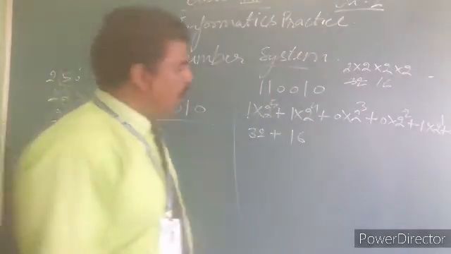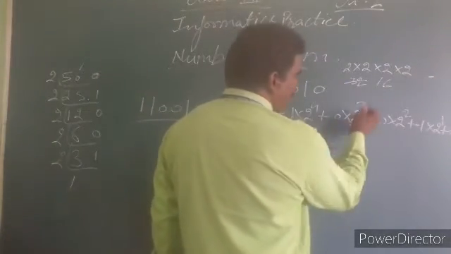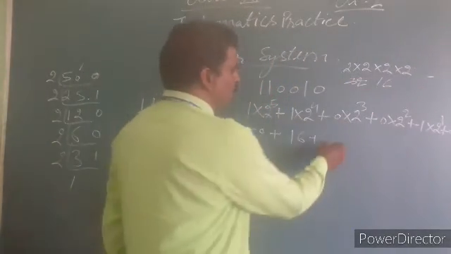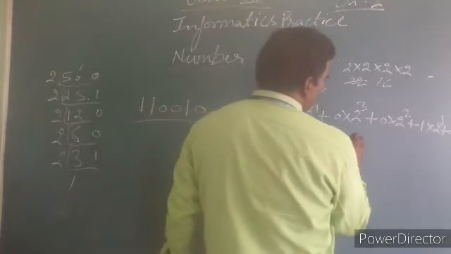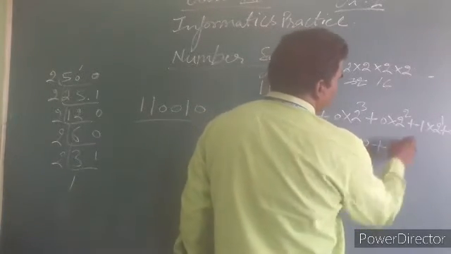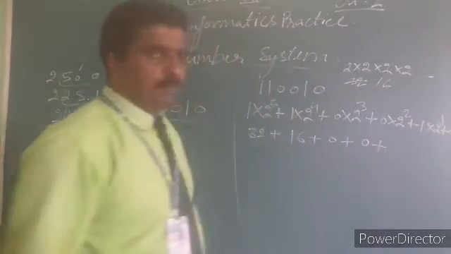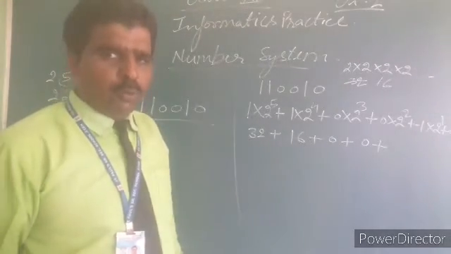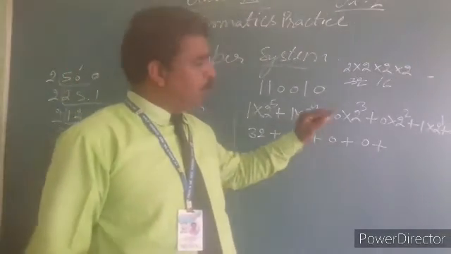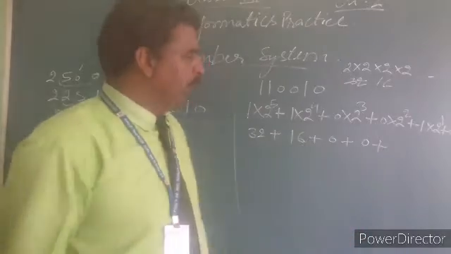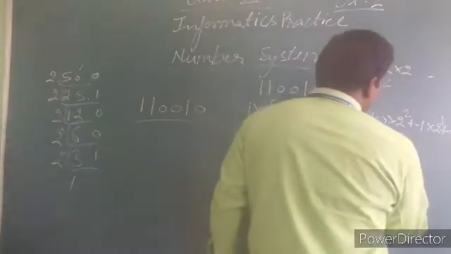After that, any number we multiply with 0, it will come 0, plus 0, plus the power of 2, that is 1, so 2 should be multiplied with 1, so here 2 will come.